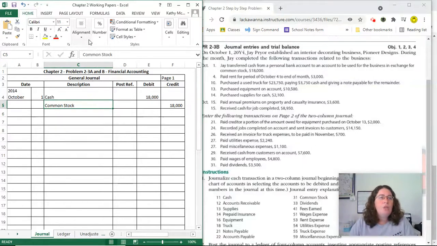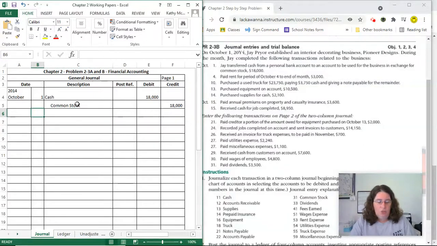We're going to indent the words common stock, just to show that that is the credit, the second line of our entry. So we've debited cash because we've received cash, and we've credited common stock because that is what we gave to Jay.